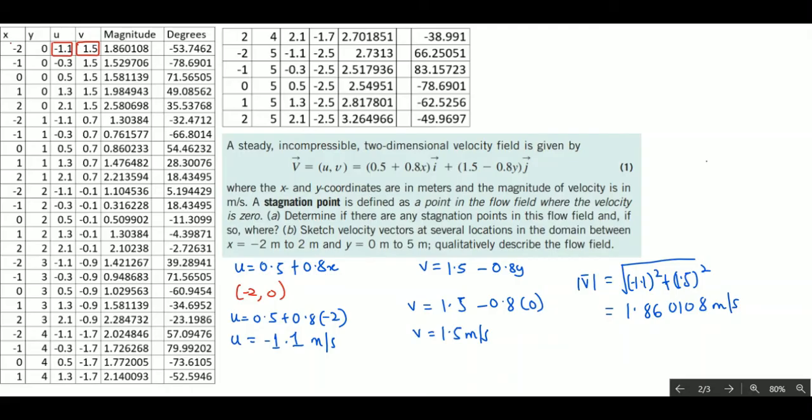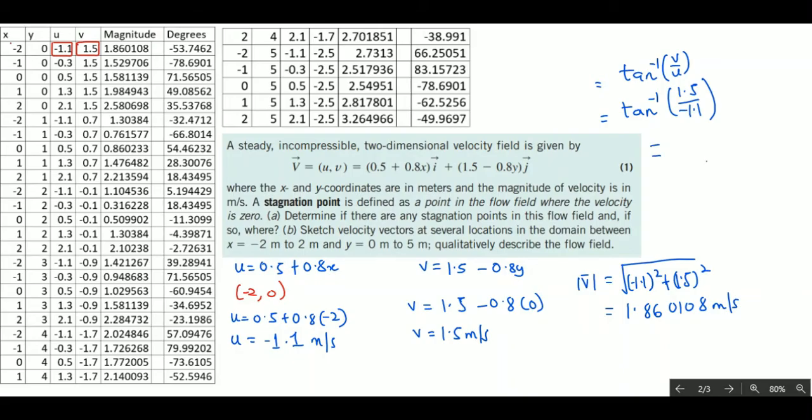To find the angle, you just have to take the tan inverse of the y component over the x component. That would be tan inverse of v over u, which is tan inverse of 1.5 divided by -1.1 in this case. Let's do this and see what you get.